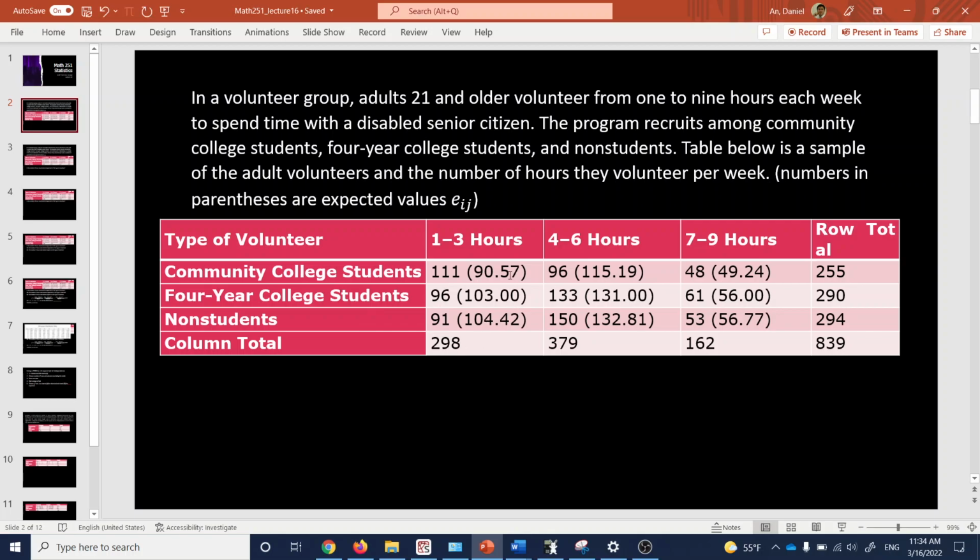Now let me explain how to get the expected value. In many questions you wouldn't be given these expected values and you will have to find them.